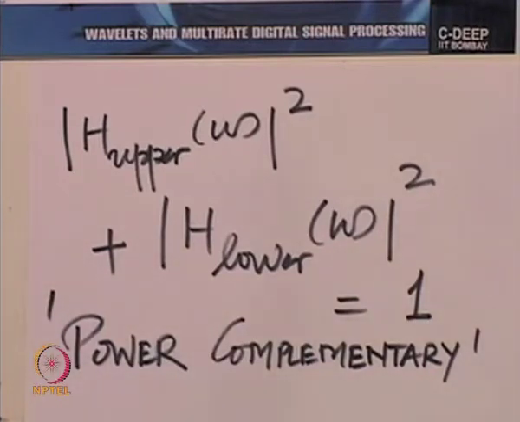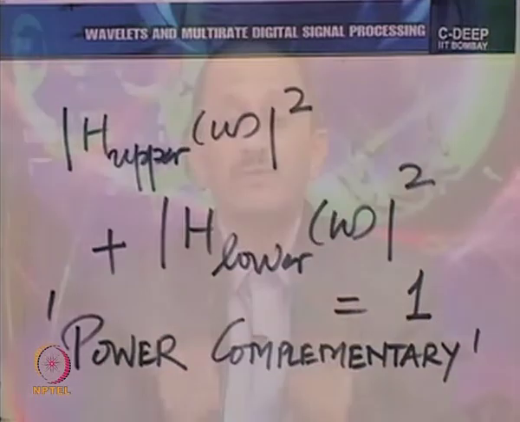A very, very interesting result. The Haar analysis filter bank is both magnitude complementary and power complementary. In fact, I leave it to you to study the synthesis filter bank and come to a similar conclusion. The filters are magnitude complementary and power complementary.